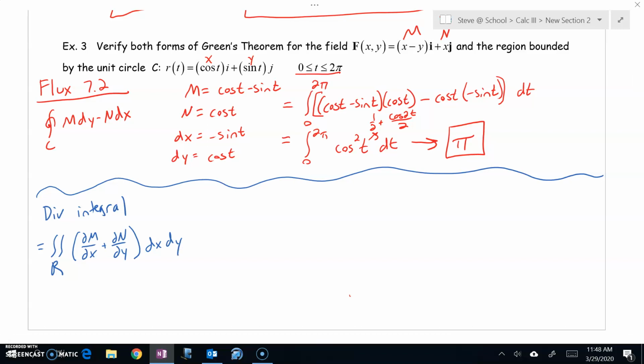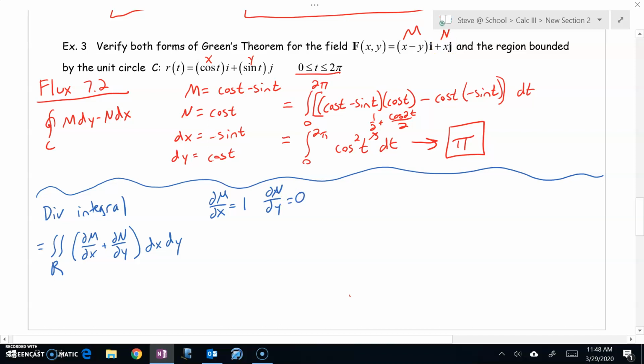Notice how we don't have to parameterize the curve anymore. What's the derivative of the i component with respect to x? Well, dm dx is equal to just 1. dn dy, if you look up here, is equal to 0.